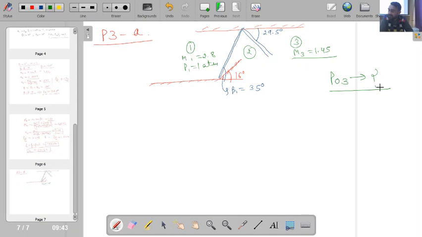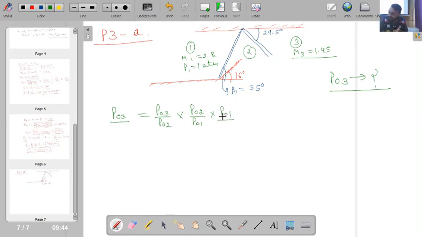So obviously if I have to calculate P03, I can write it like this: P03 equal to P03 by P02 into P02 by P01 into P01, like this I can write it.